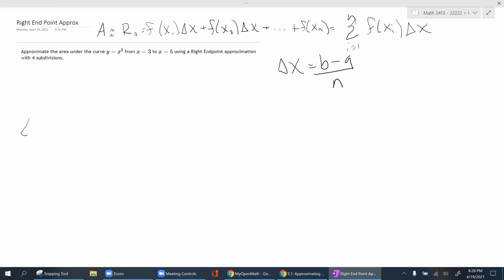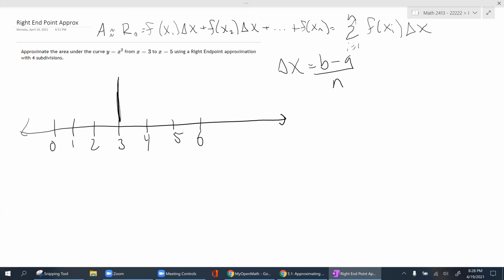Generally what I like to do is create a number line where it's 0, 1, 2, 3, 4, 5, 6. And I'm focused between 3 and 5. I need to split this into 4 subdivisions.